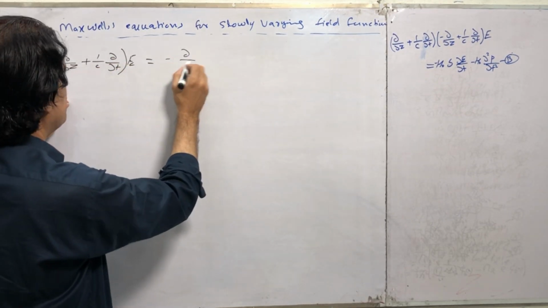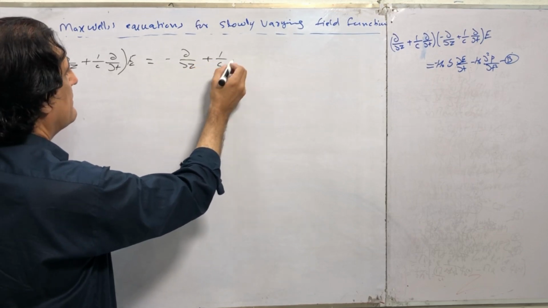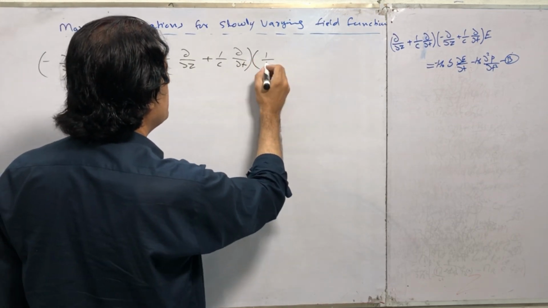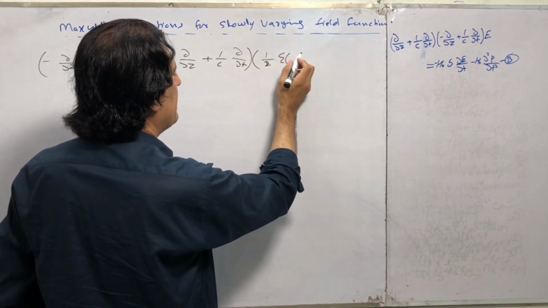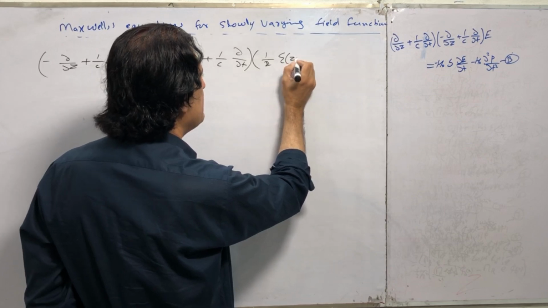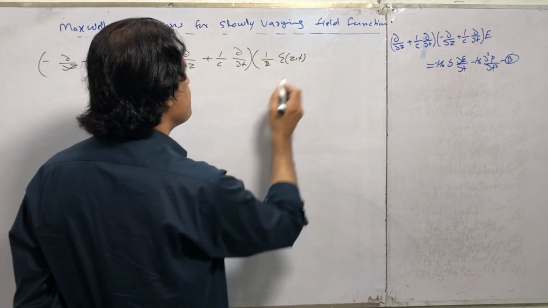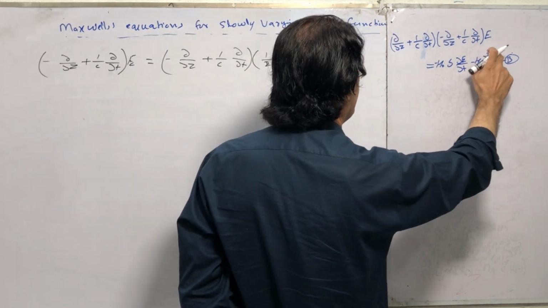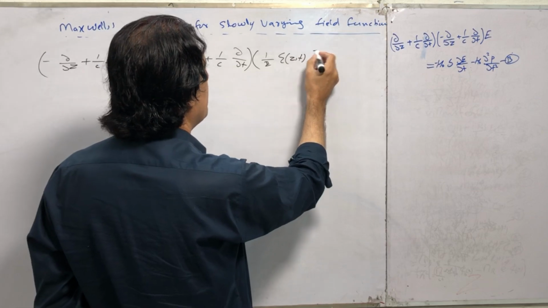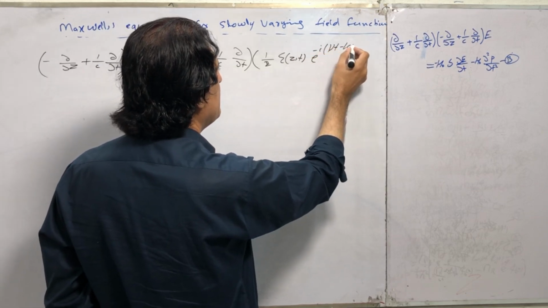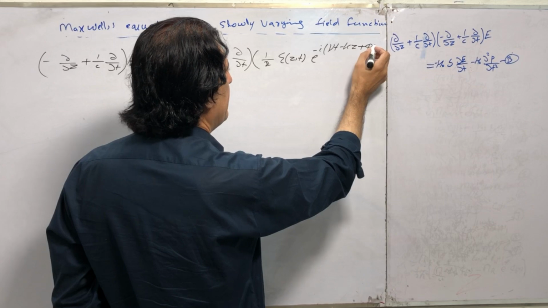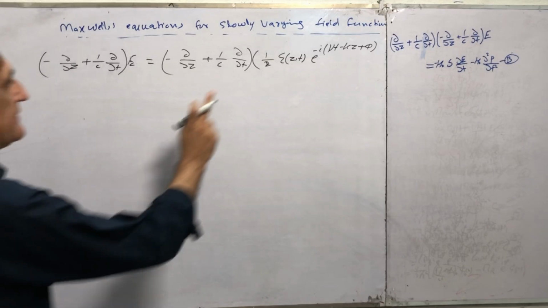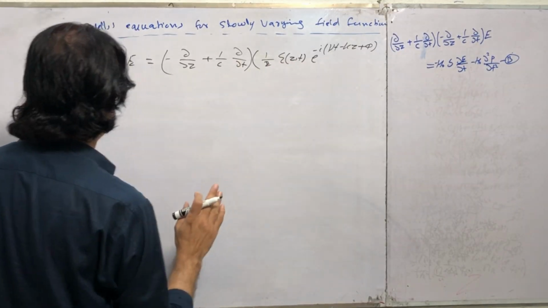We know the value of E, and E is 1 over 2 epsilon(z,t) e to the power minus iota (nu t minus kz plus phi), and phi is also a function of space and time, and epsilon is also a function of space and time.